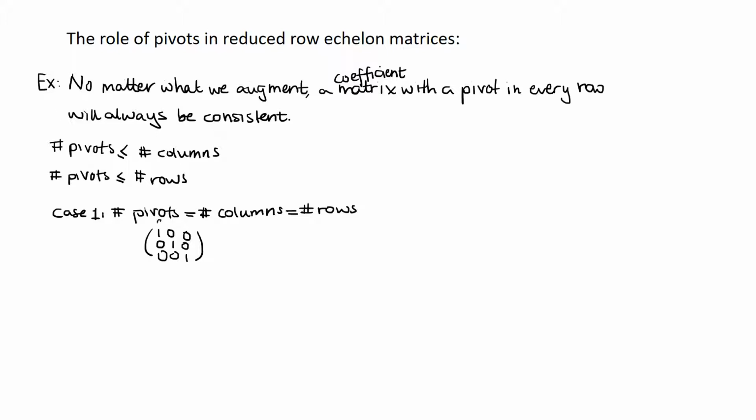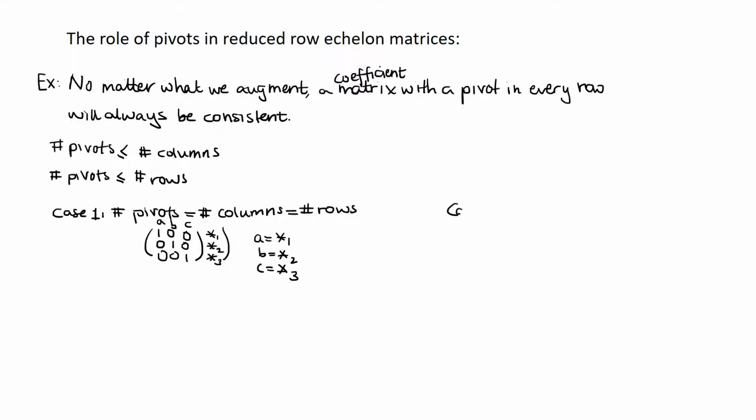And we can see that every unknown here is going to be uniquely specified. So whatever we cared to augment, if we augmented star 1, star 2, star 3, well, A is equal to star 1, B is equal to star 2, and C is equal to star 3. Okay, so this is sort of a special case.